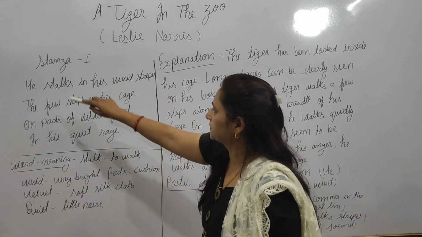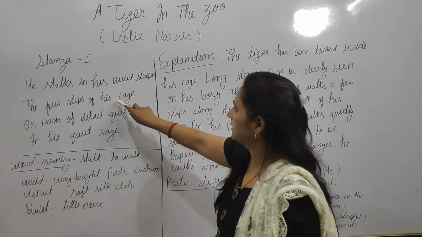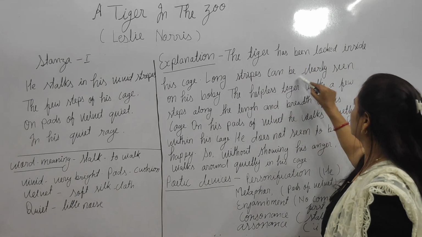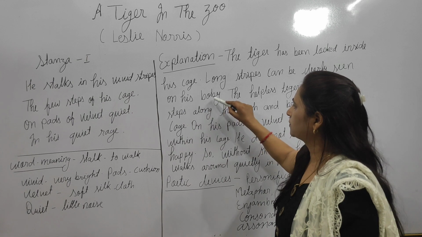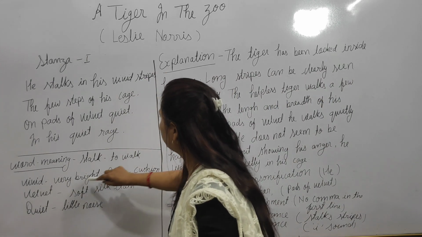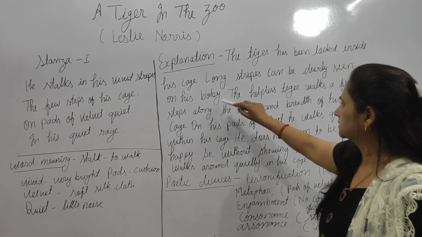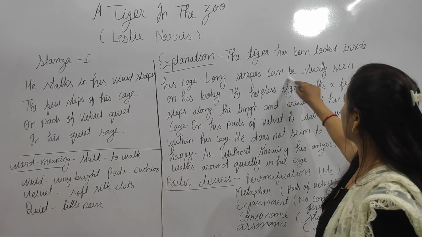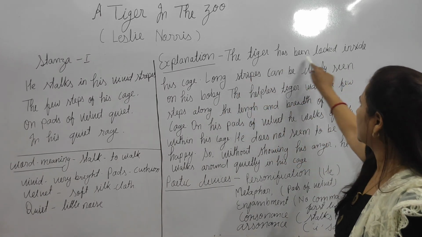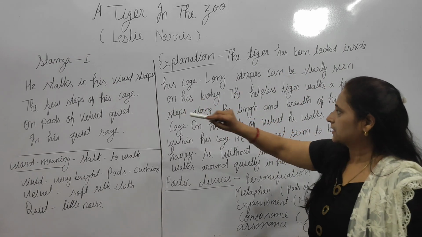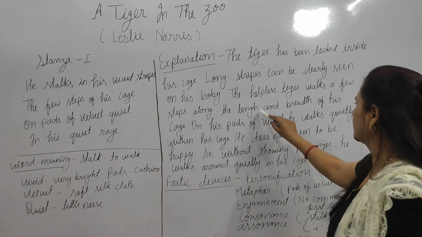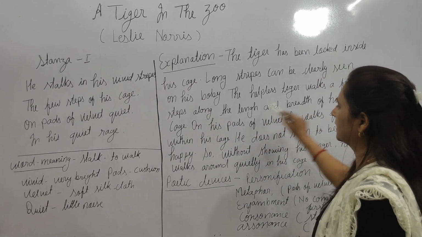Vivid stripes means bright, very bright stripes, which can be clearly seen on his body. It means the tiger has been locked inside the cage, and the helpless tiger walks a few steps along the length and the breadth of his cage.